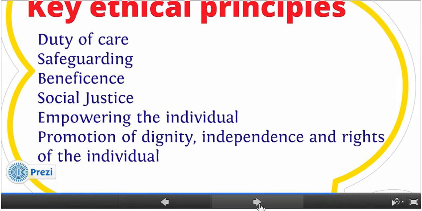Another ethical principle that needs to be considered when working in health and social care is that of beneficence. Now, beneficence refers to actions to be taken that promote the well-being of others in a medical context. So this means taking actions that best serve the needs of the patients. And for social care workers, this refers to the duty to act in an individual's best interests at all times.